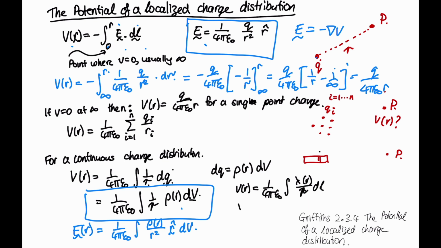Or if we had a surface charge distribution, we could write it as 1 over 4 pi epsilon naught times the integral of sigma of r divided by r dA, in this case. But I think it'll become clearer how to do this if we do an example problem now.